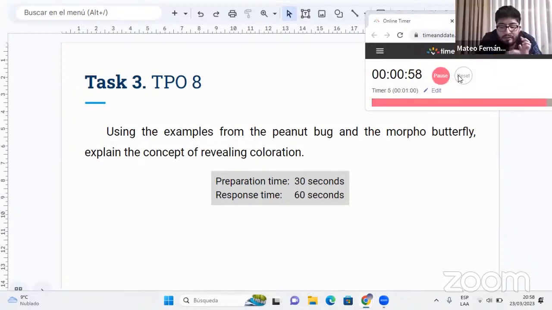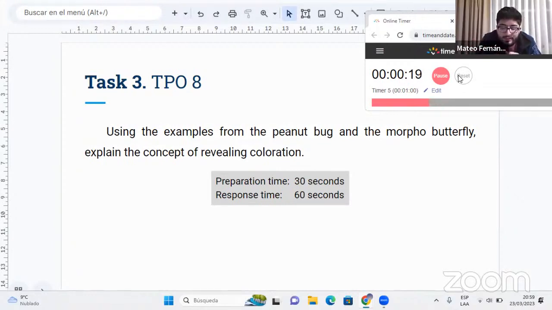According to the passage, revealing coloration is defined as a defensive strategy involving the use of coloration to get away from predators. In the lecture, the professor gives the example of peanut bags, which have two types of wings, the front wings and the back wings. The back wings have some spots, which when they pop out, give bright colors, which helps them escape from their predators.